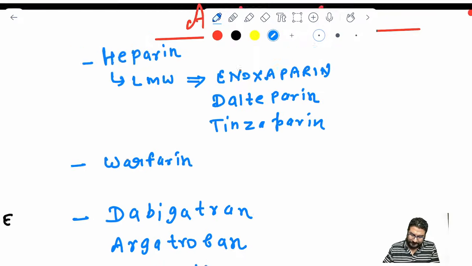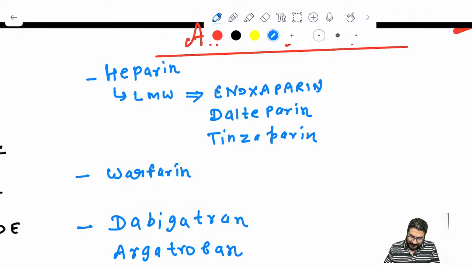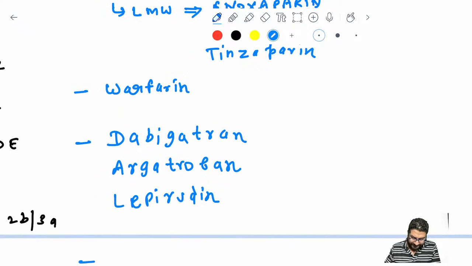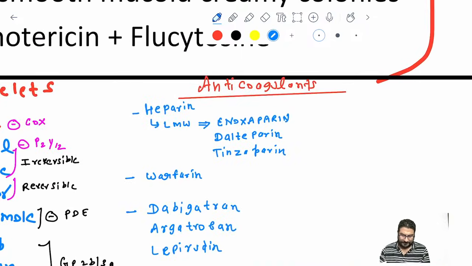So these are what? And the fourth category will be factor 10A inhibitors. Here we have rivaroxaban, apixaban, edoxaban, betrixaban. Understood?